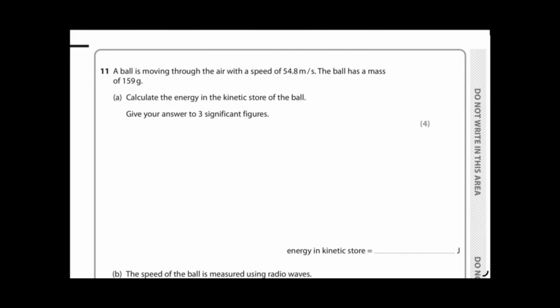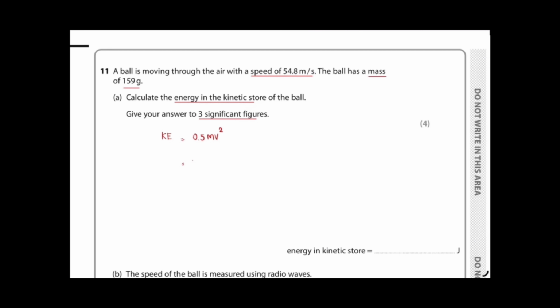Question 11. A ball is moving through the air with a speed of 54.8 meters per second. The ball has a mass of 159 grams. Calculate the energy in the kinetic store of the ball. Give your answer to 3 significant figures. So we have kinetic energy equal to 0.5 times mv squared.